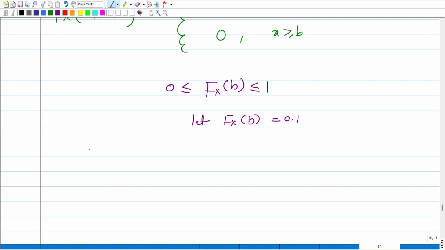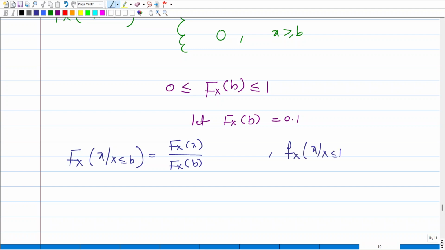Now let us write Fx of x given x less than or equal to b is equal to Fx of x by capital Fx of b, and here also the density small fx of x given x less than or equal to b is equal to small fx of x by capital Fx of b.